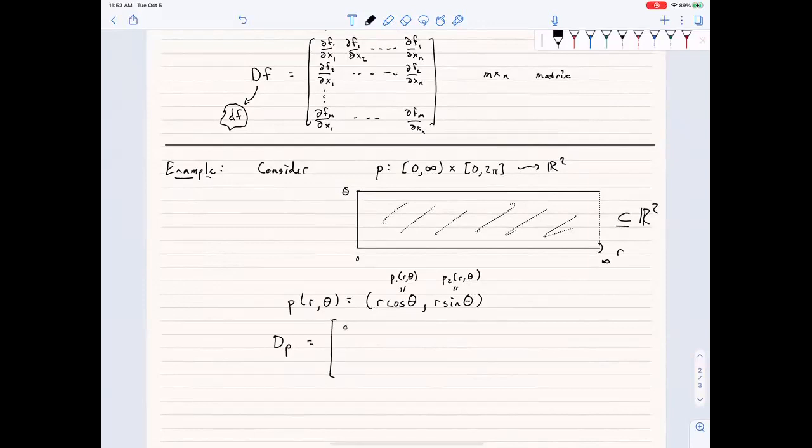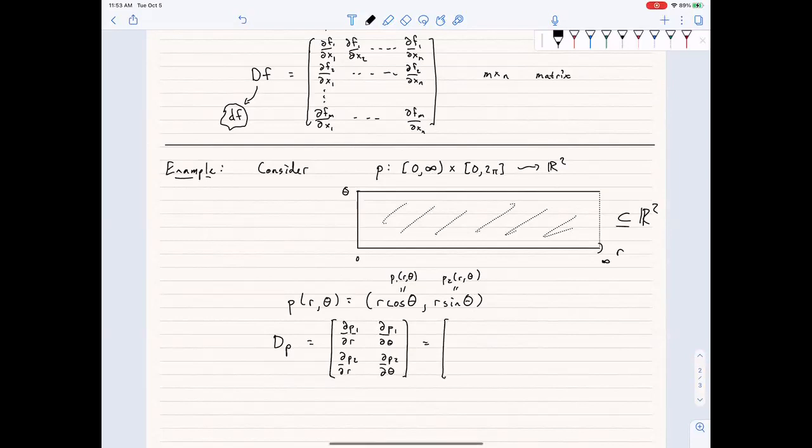So this is going to be del P1. Of course, these x1, x2, and so on, you can label your variables how you want. Del P1, del R, del P1, del theta. And then the second row is going to be del P2, del R, del P2, del theta. We can actually compute these.